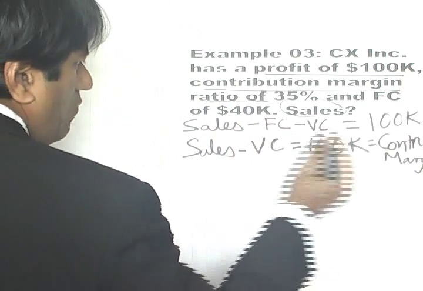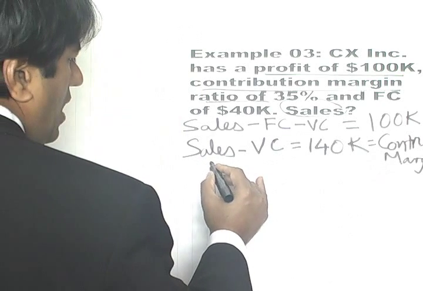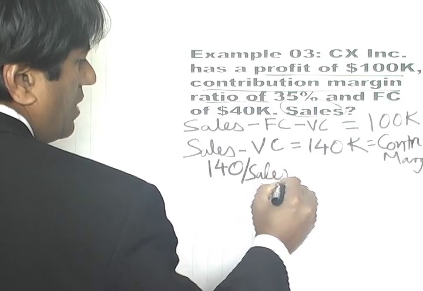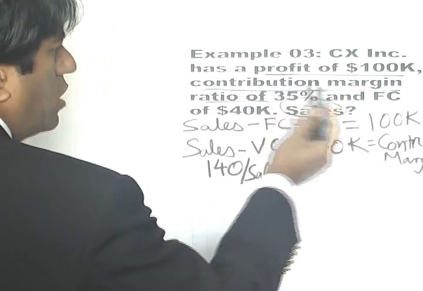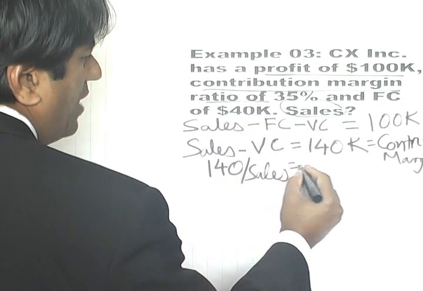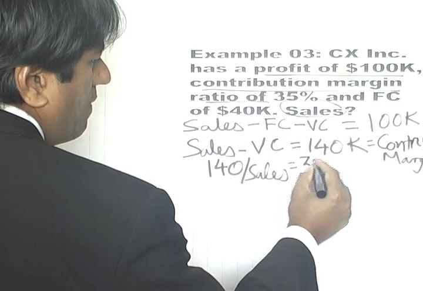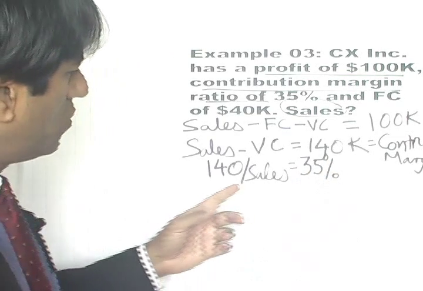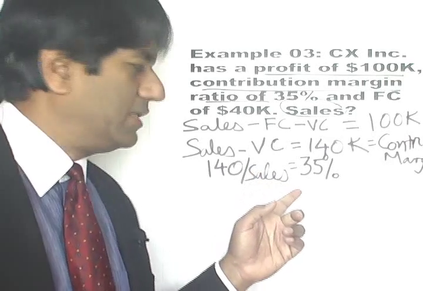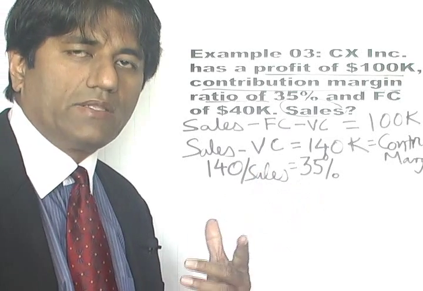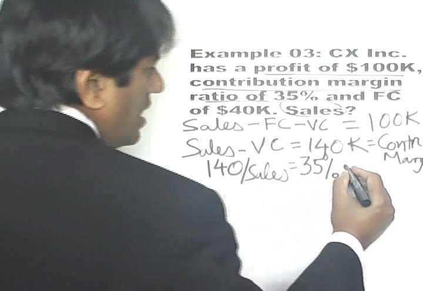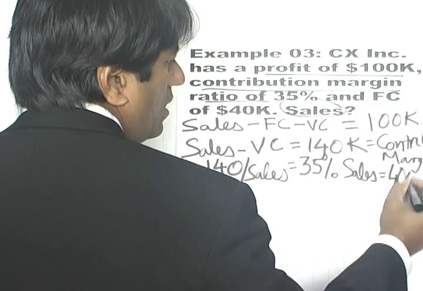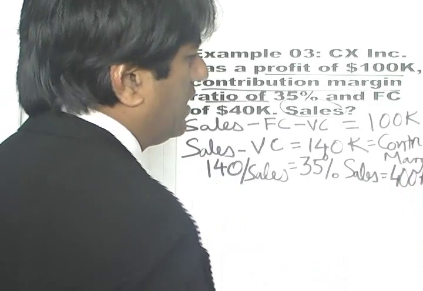So we will have 140 divided by sales equal to contribution margin ratio, and that we are told is 35%. So sales will be 140 divided by 0.35, which will give us sales equal to 400,000, 400K.